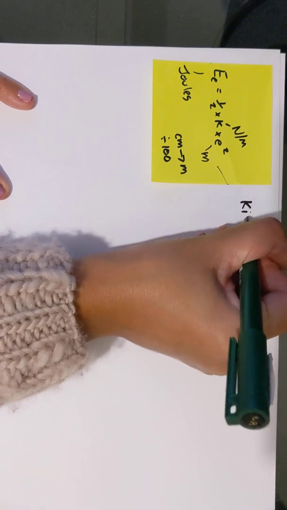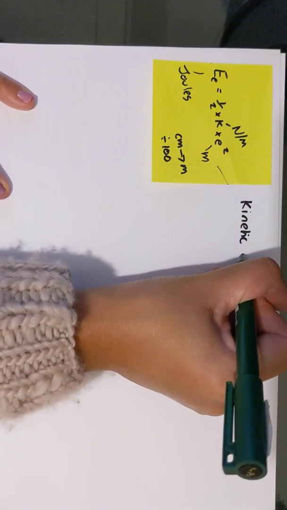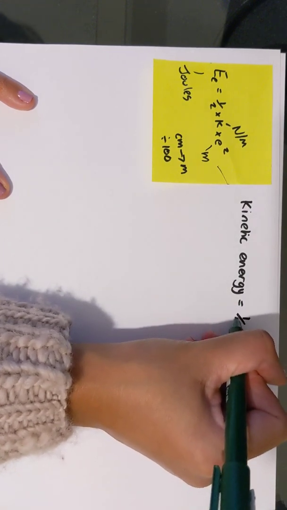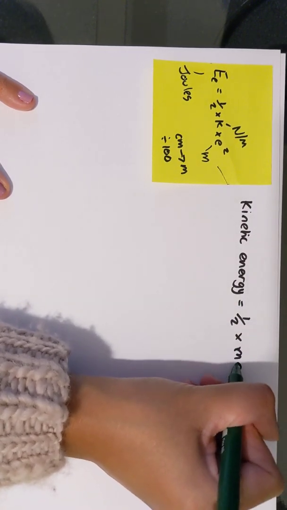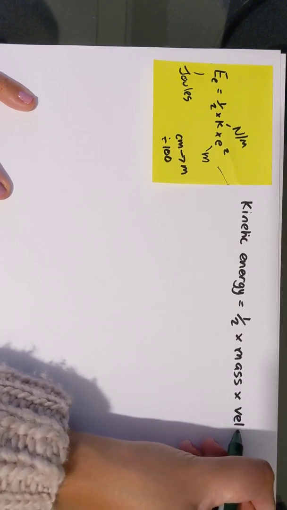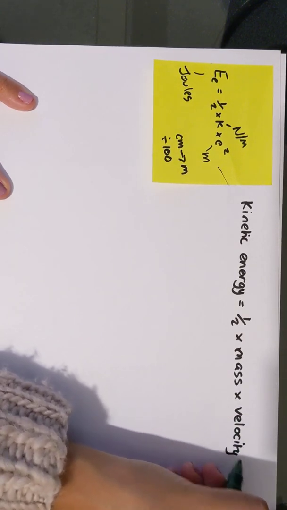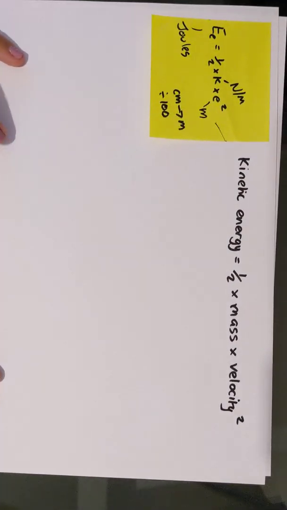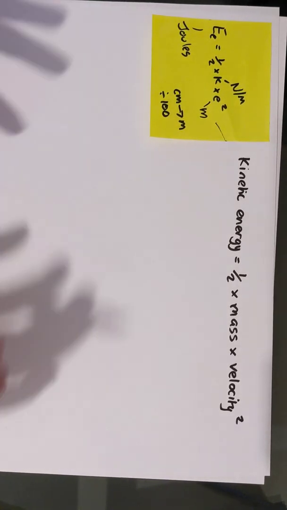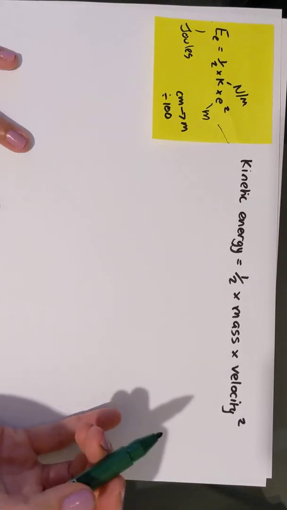So kinetic energy equals half times mass times velocity squared. Okay, now I personally like to do these rearrangements using the symbols rather than putting any numbers in.